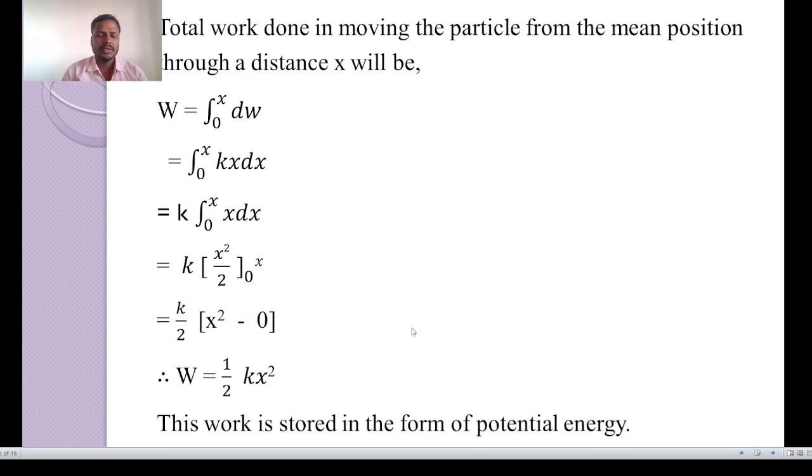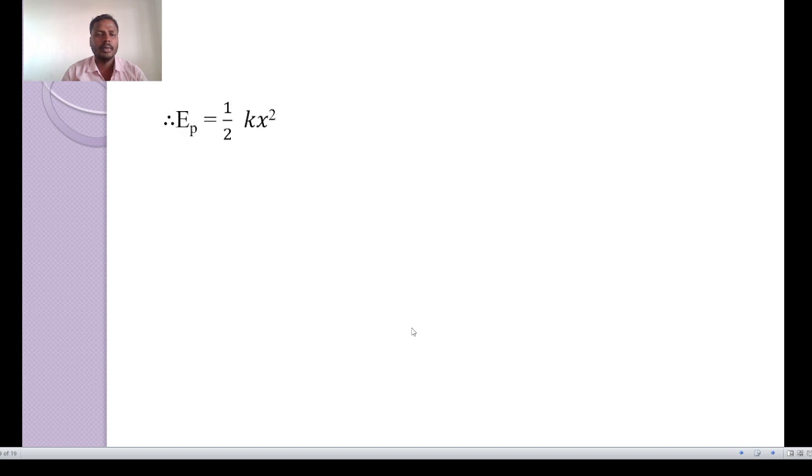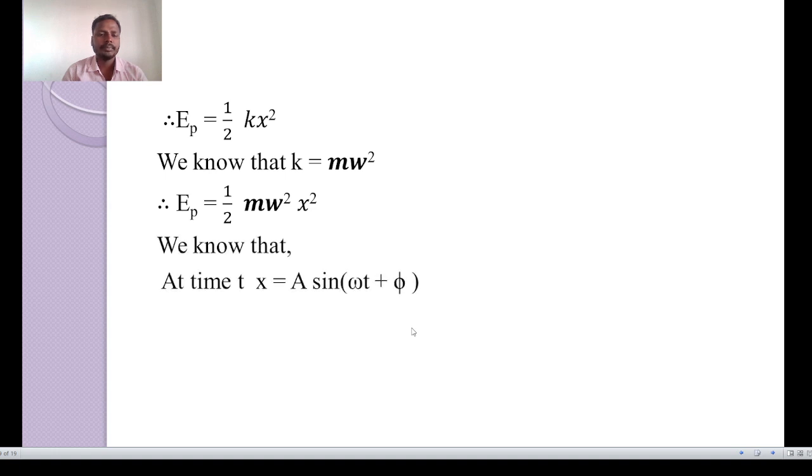This work done is stored in the form of potential energy. Therefore, potential energy is equal to 1 by 2 k x square. We know that k is equal to m omega square. Therefore, potential energy is equal to 1 by 2 m omega square x square.